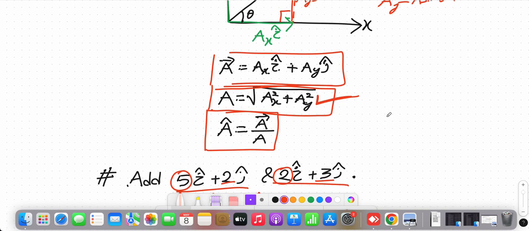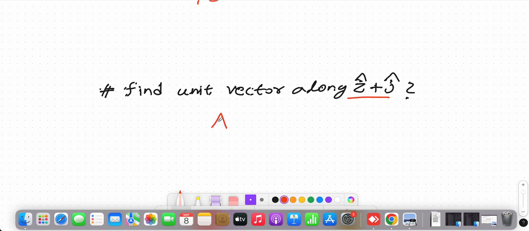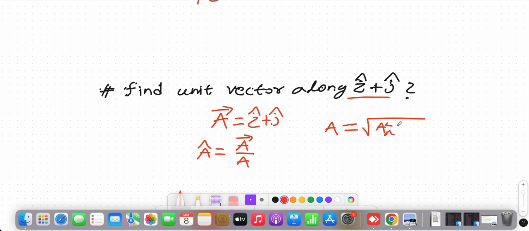You know already we discussed unit vector A cap is A vector by A. So if this A vector is I cap plus J cap, then unit vector A cap is A vector by A. Now magnitude of A is root over of AX square plus AY square, but here in this particular case AX is 1 and AY is 1, so root over of 1 square plus 1 square, 1 plus 1 is 2, so root 2.